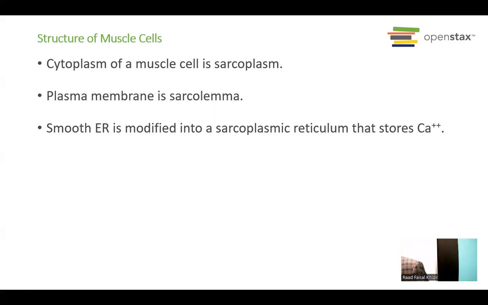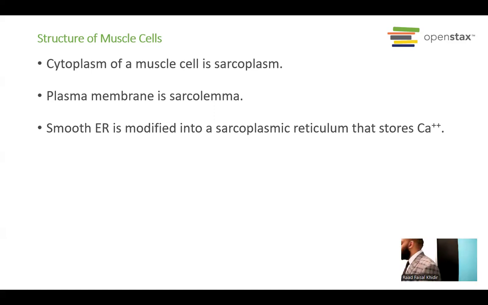The smooth endoplasmic reticulum is modified into a sarcoplasmic reticulum that stores calcium. So we don't have an endoplasmic reticulum in the muscle cell. We have a sarcoplasmic reticulum that is made up of cisterns.